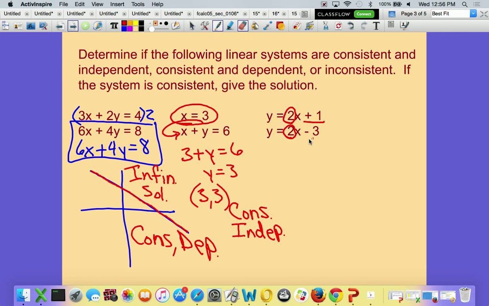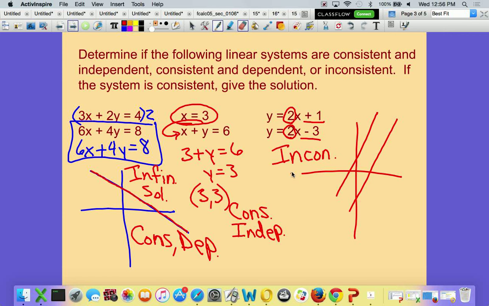Our y-intercepts are different then. So we have one line that looks like that and another line that looks about like that. If those lines are perfectly straight, those are parallel lines. Because they're parallel, there is no solution here. So this is an inconsistent system.